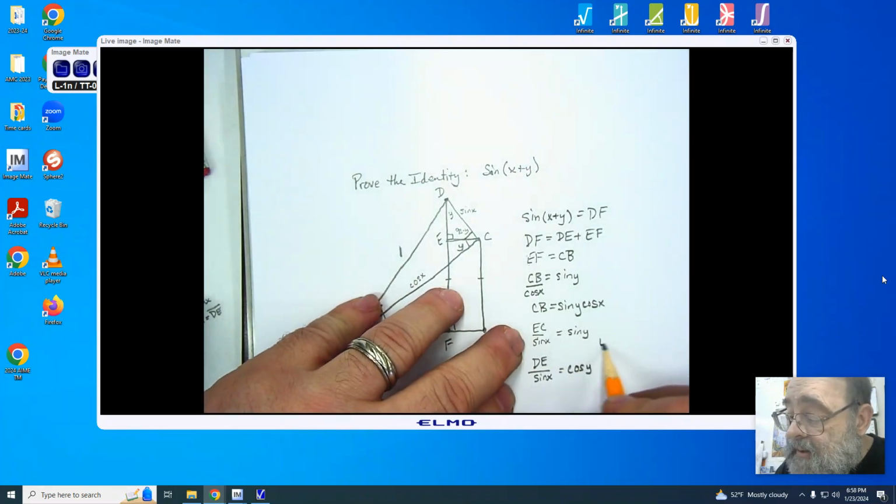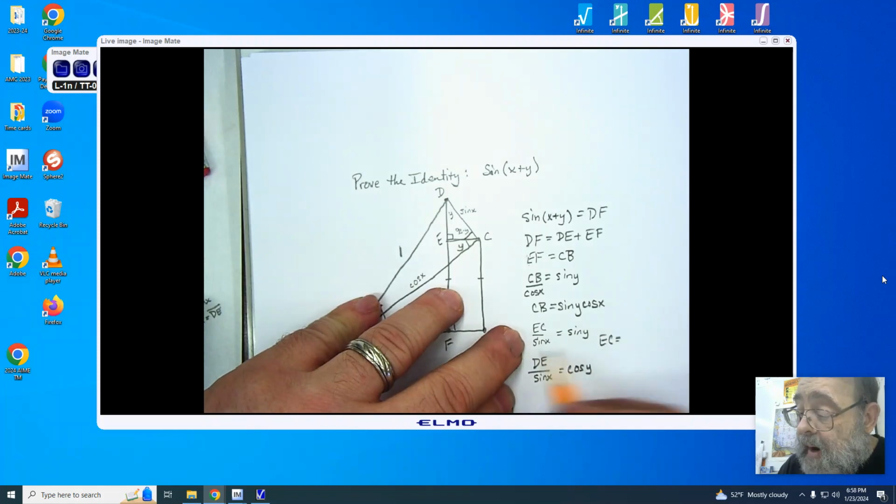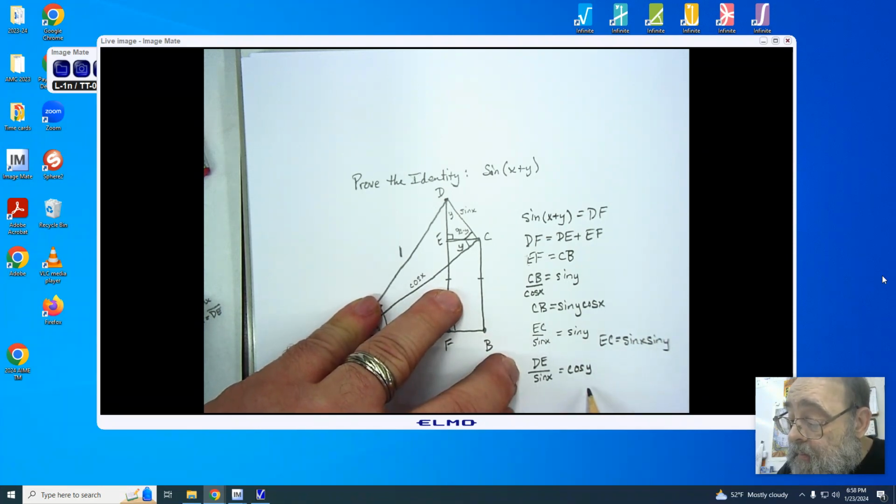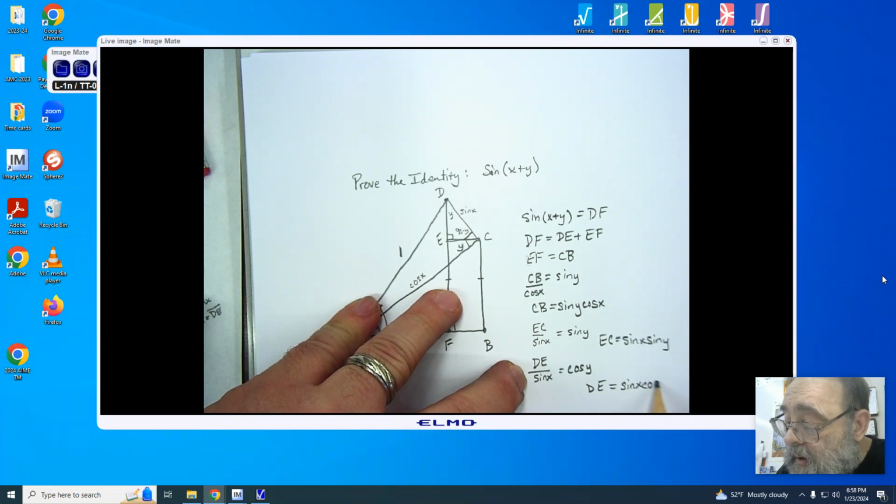I know that EC, simply by multiplying by the reciprocal on both sides, is the sine of x times the sine of y. I also know by the same reason that DE has to be the sine of x times the cosine of y.